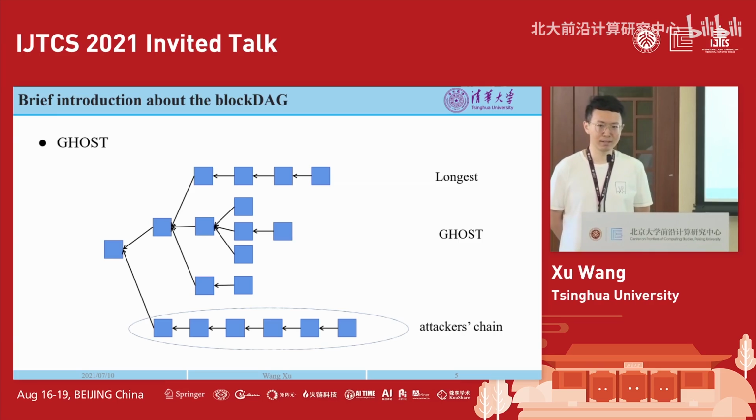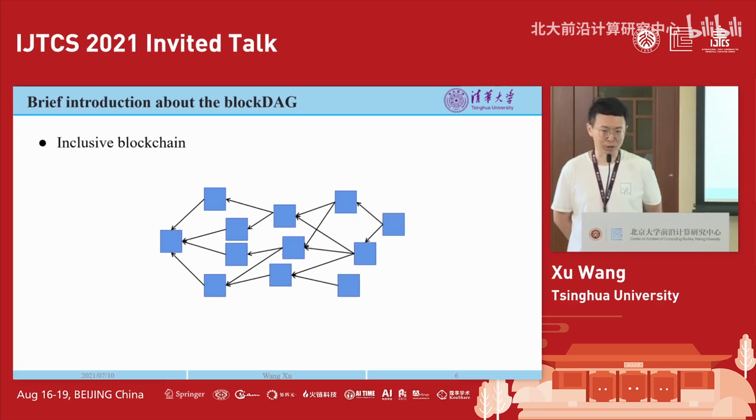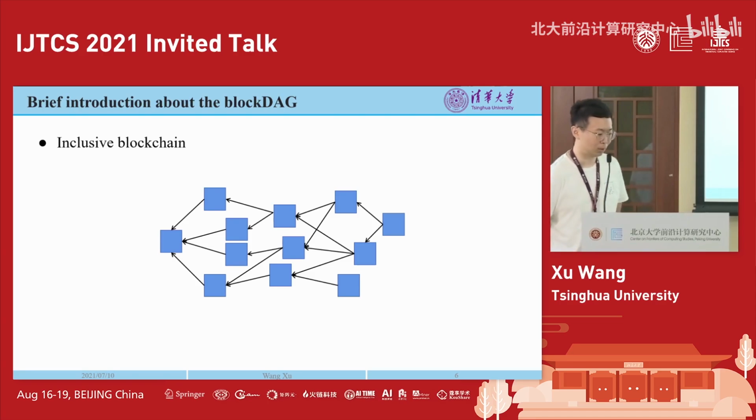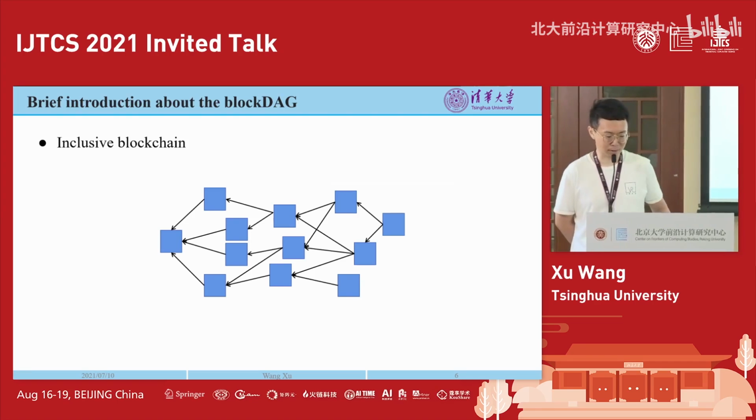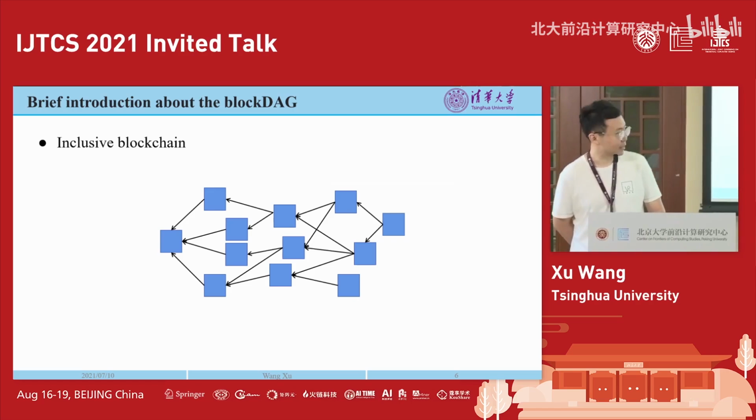The information in these blocks is not used to improve efficiency. After that, the directed acyclic graph from graph theory was introduced to blockchain. After the introduction of DAG for short, a block can link to more than 1 block. Here is an illustration of block DAG. You can see the block can link to more than 1 ancestor block.